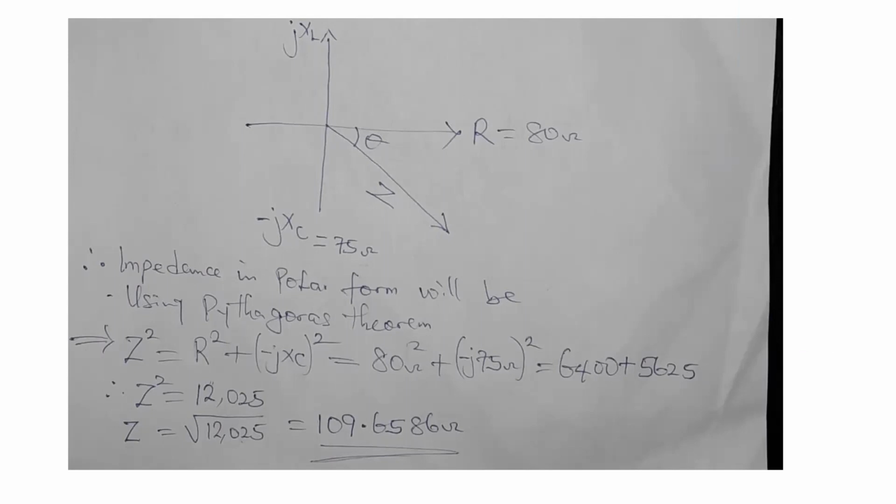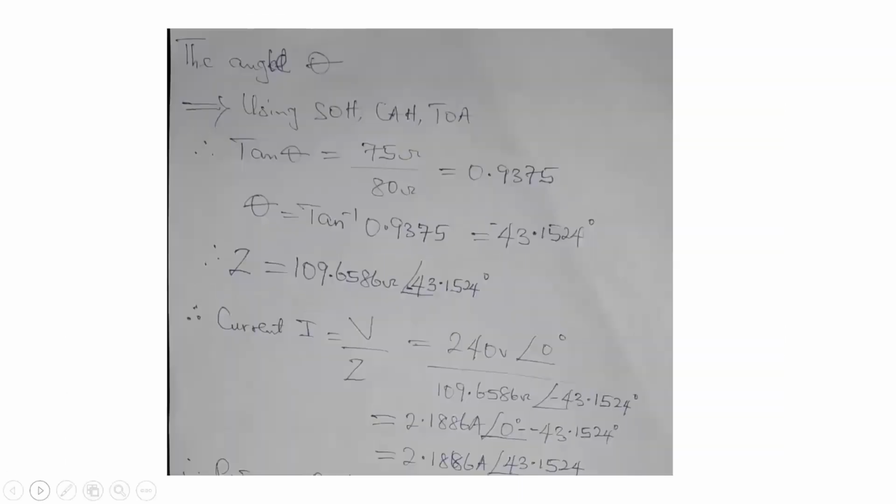I don't need to be telling you the reason why it turned to square root. Are you following me? That's the reason you are taught mathematics. So when you do the square root of 12,025, you have 109.6586 ohms. And this ohm value is what you are going to use to find your current and other things you are going to be finding.